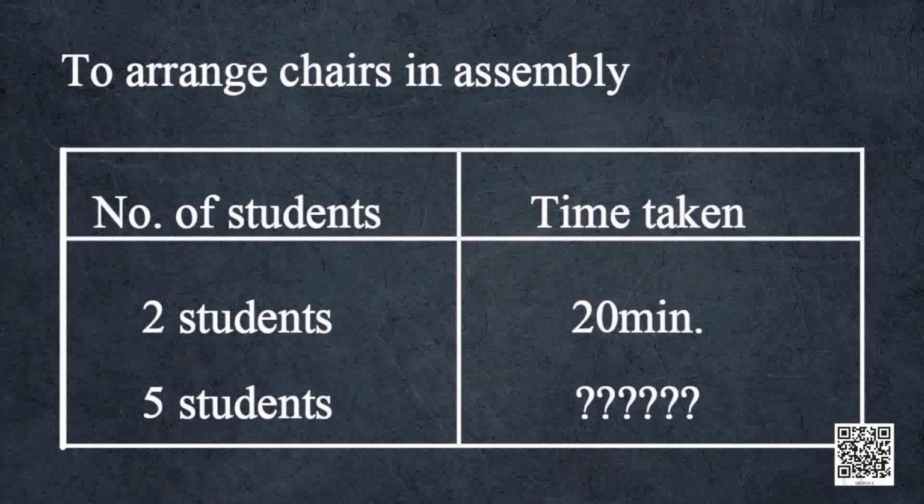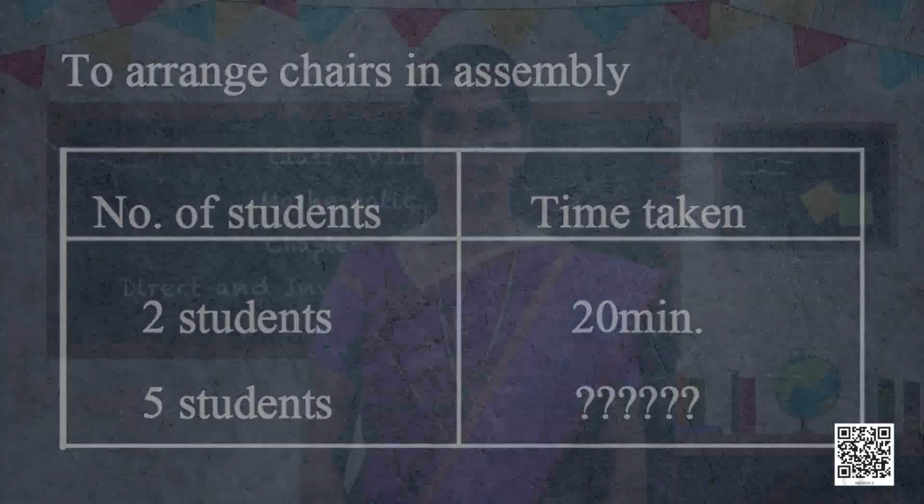2 students take 20 minutes to arrange chairs for an assembly. Then, how many minutes will 5 students take to arrange the same number of chairs in the assembly? Here, will they take more time or less?